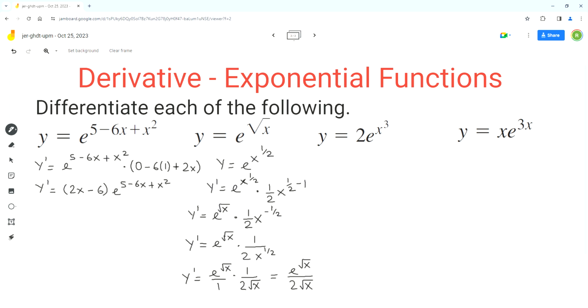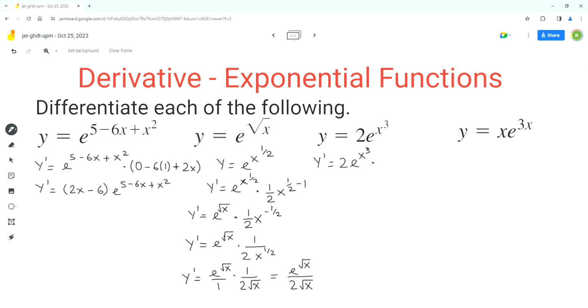Now we can analyze the third function. Now in this function, 2 is the coefficient of the e term. So when we find the derivative, the 2 stays the same. So y prime. Now for the derivative of the e term, it stays the same. So we write it as it is given times the derivative of the exponent. And the exponent here is x cubed.